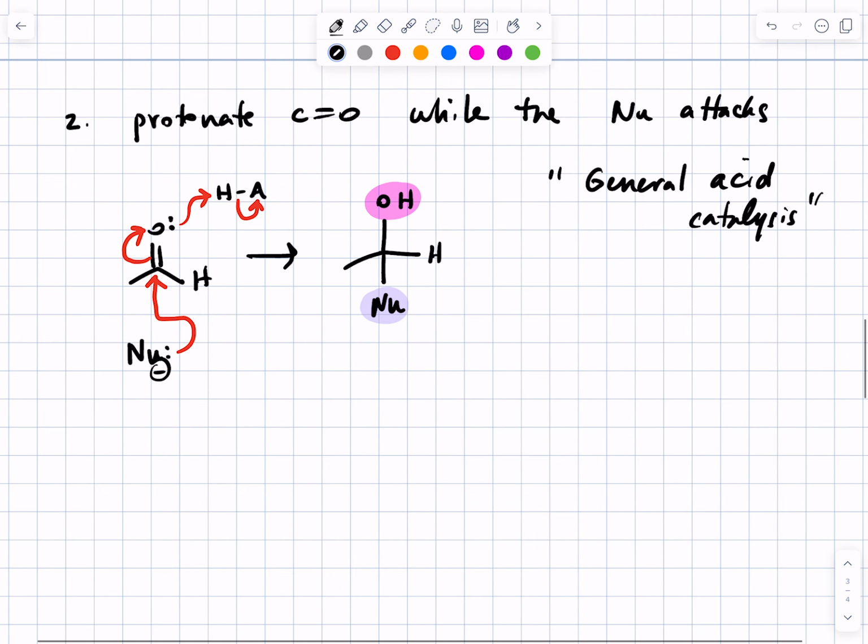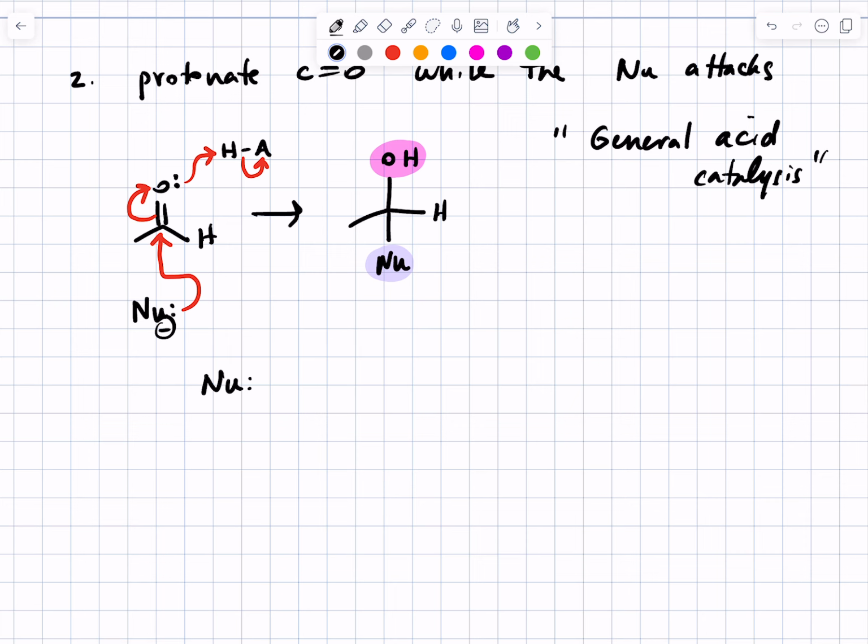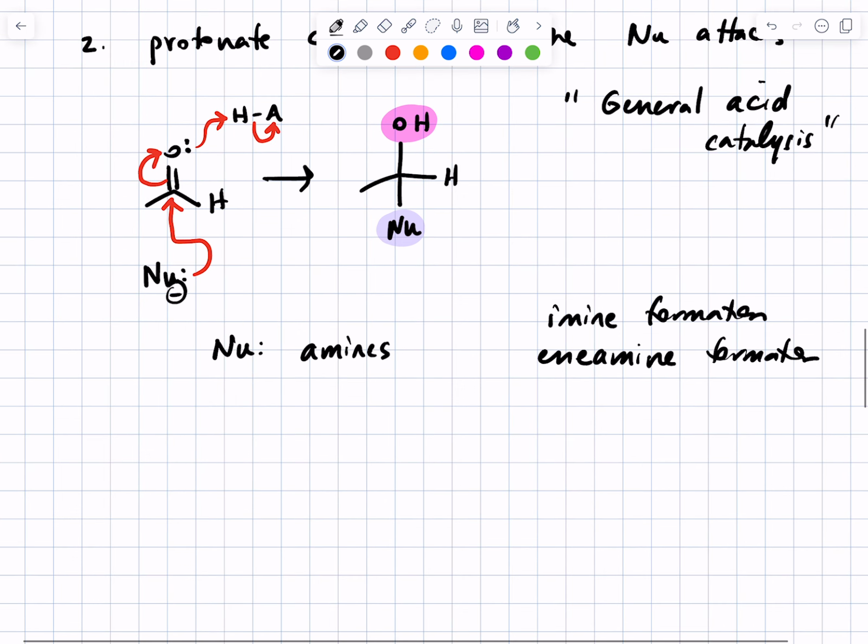The reactions that go by this second mechanism involve slightly stronger nucleophiles, like amines. And the reactions that go by this mechanism are called imine formation reactions, and then its close sibling, enamine formation. Both will proceed via this method.